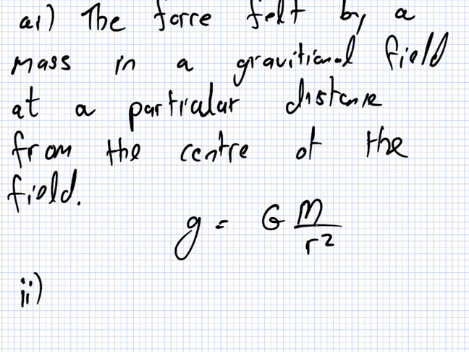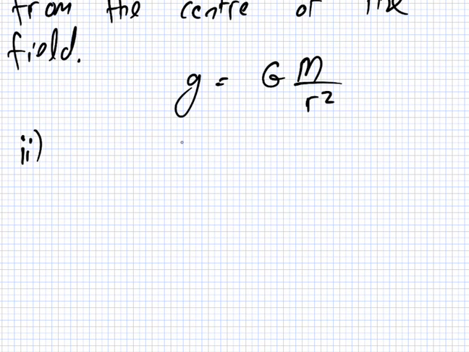So what I'm going to do is rearrange this formula to get mass equals g r squared over G. So what's the small g? 9.81. The big G, 6.67 times 10 to the power of minus 11. And the distance, they say, is what?